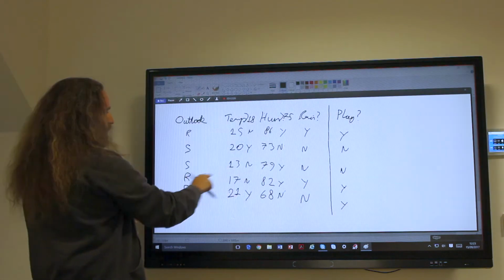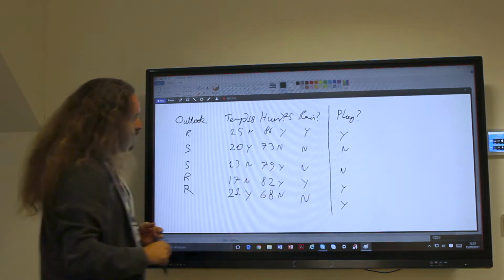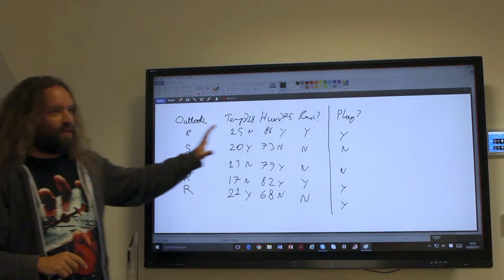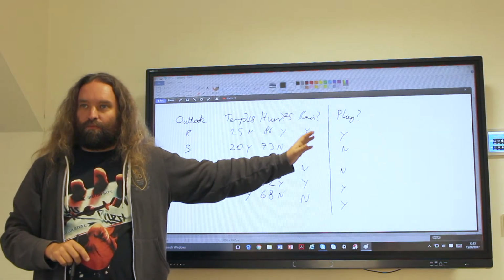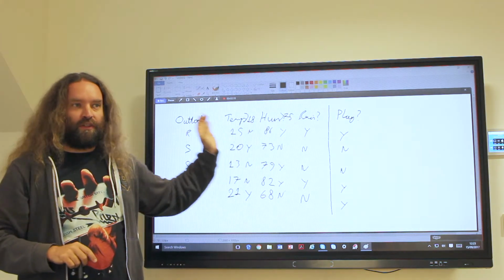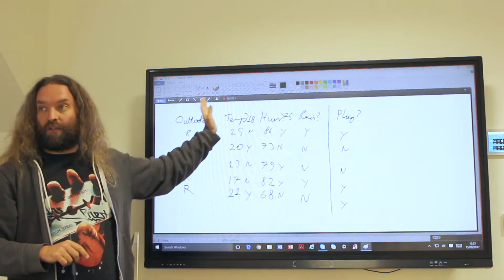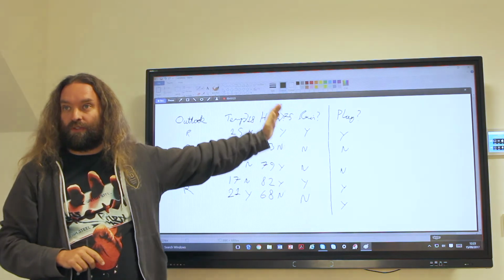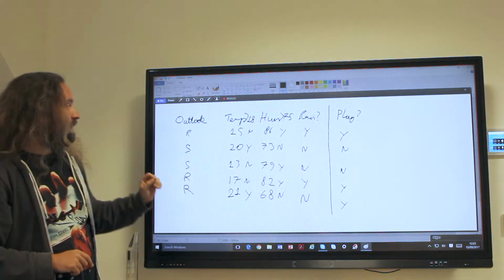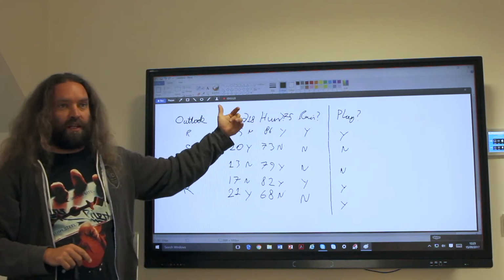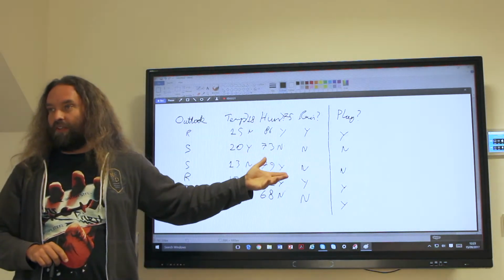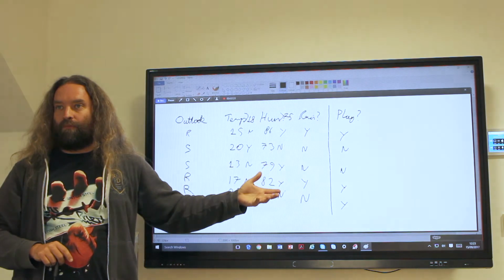So now I've got 1, 2, 3, 4 different Boolean properties I can ask to get my Boolean outcome. Basically what I can ask is the question, is this true or false? So I've got 4 different properties. That means 2 to the 4, which is 16 different outcomes.